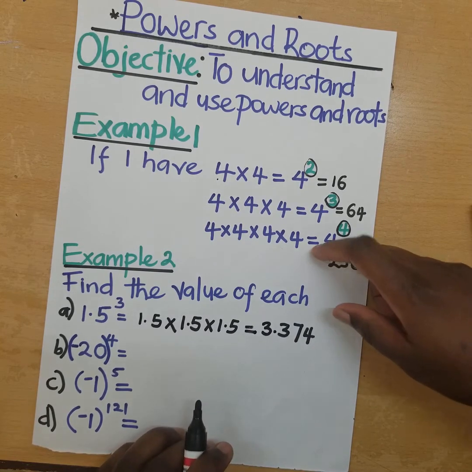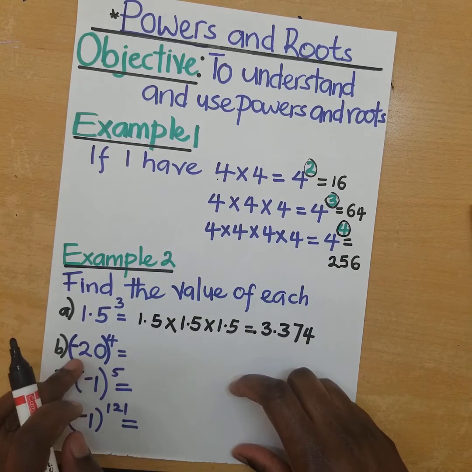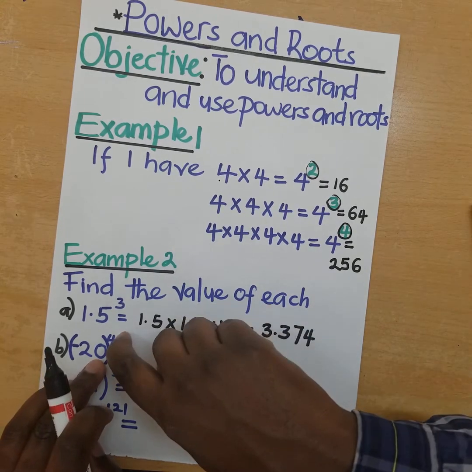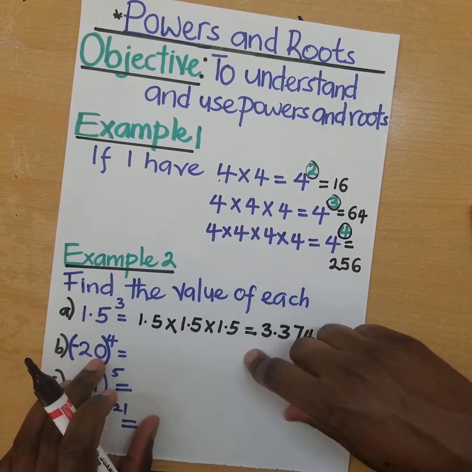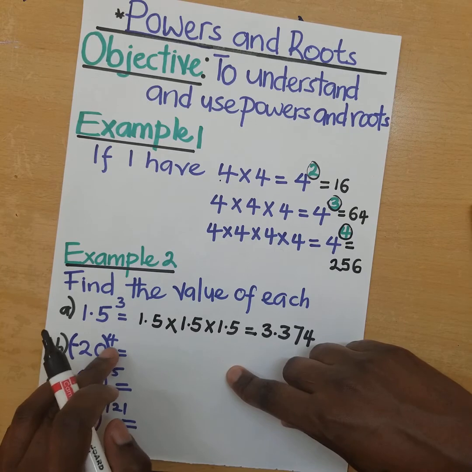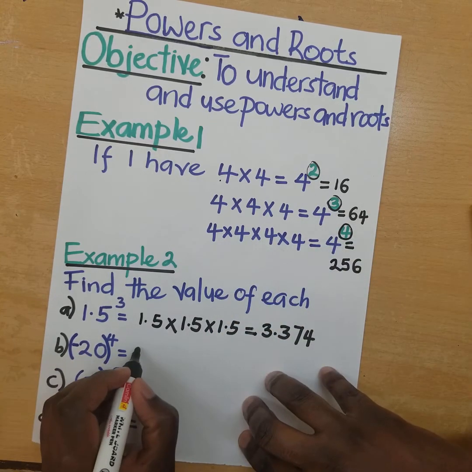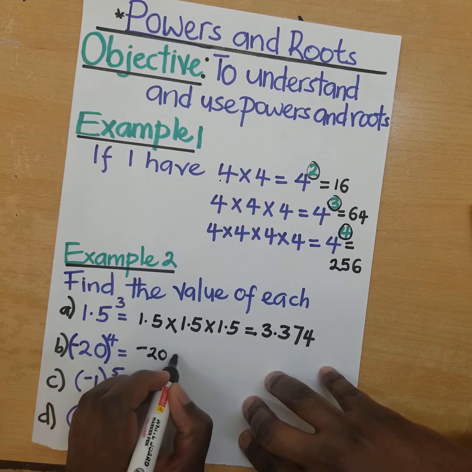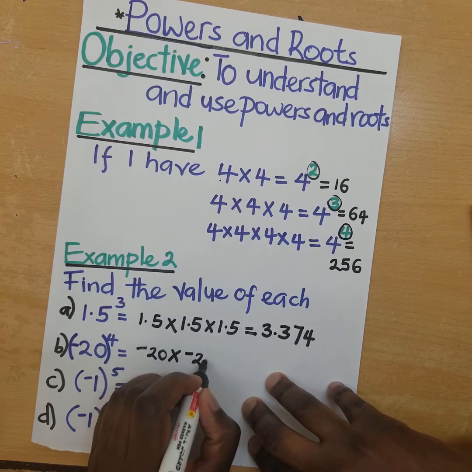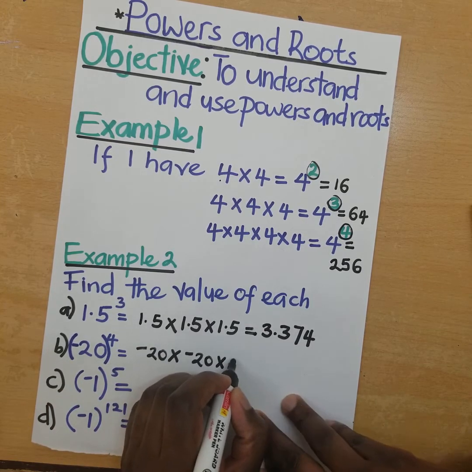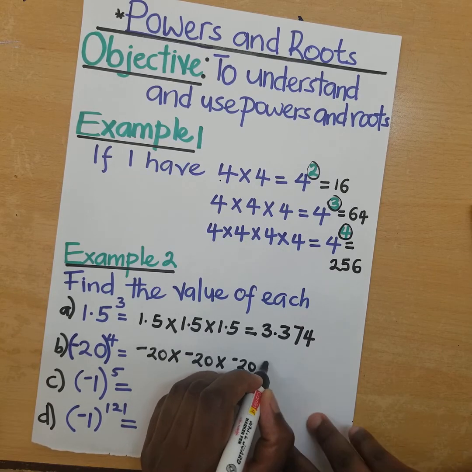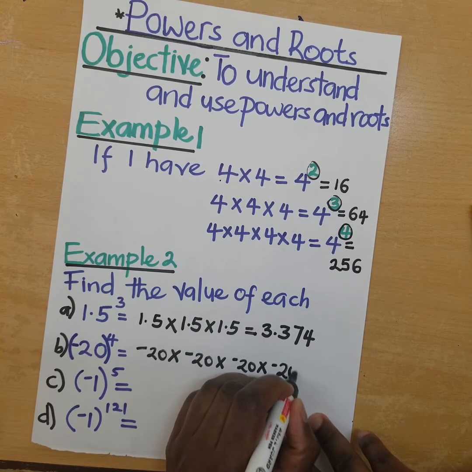Okay? What about if I have a big number like negative 20 to the power of 4? How do we do it? We know that it means that I'm multiplying this negative 20 4 times. Okay? So I'll have negative 20 times negative 20 times negative 20 times negative 20.